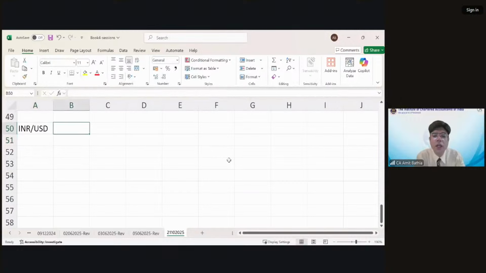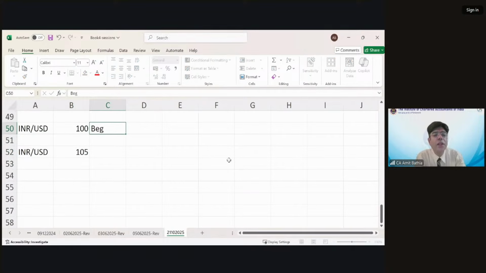It was earlier, say, 100 rupees. This is just for example purposes so that it is easier for us. And then INR upon USD became, say, 105. This was maybe at the beginning of the year. This was at the end of the year.